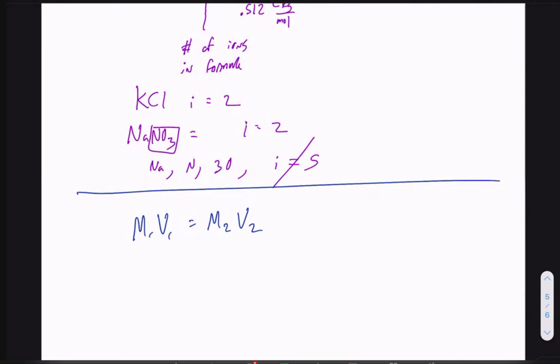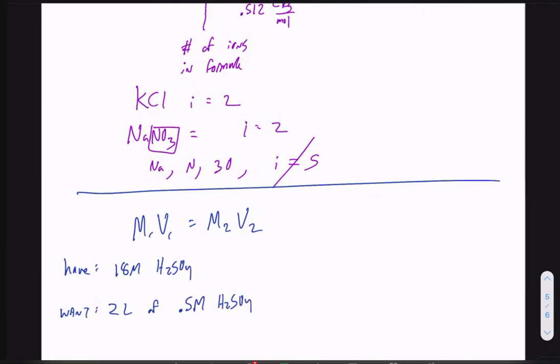So if I have 18 molar H2SO4, and what I want is 2 liters of 0.5 molar H2SO4, how do I get that?